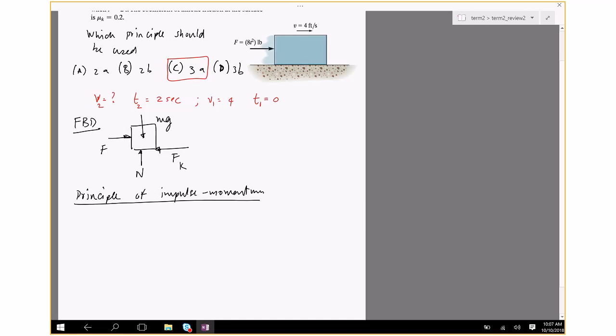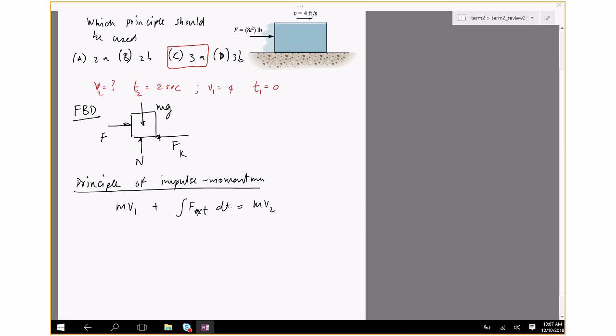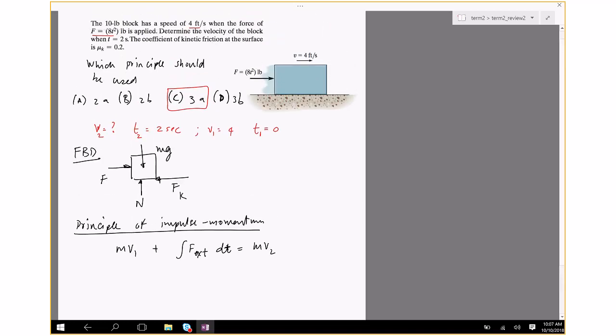So the principle of impulse momentum is mv1 plus integral F external dt equals mv2. So the mass is 10 pounds, so 10 divided by 32.2.